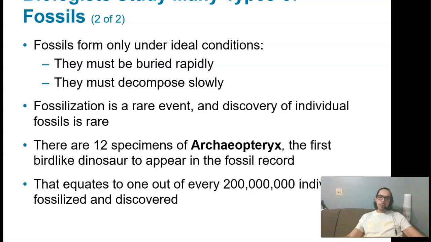For example, there are 12 specimens of an ancient organism called the Archaeopteryx, which is the first bird-like dinosaur to appear in the fossil record. Because there are only 12 specimens, that equals about one out of every 200 million individuals being fossilized and discovered.